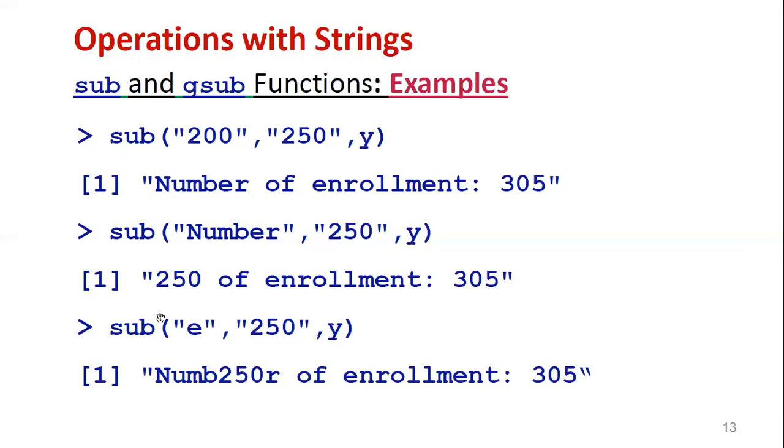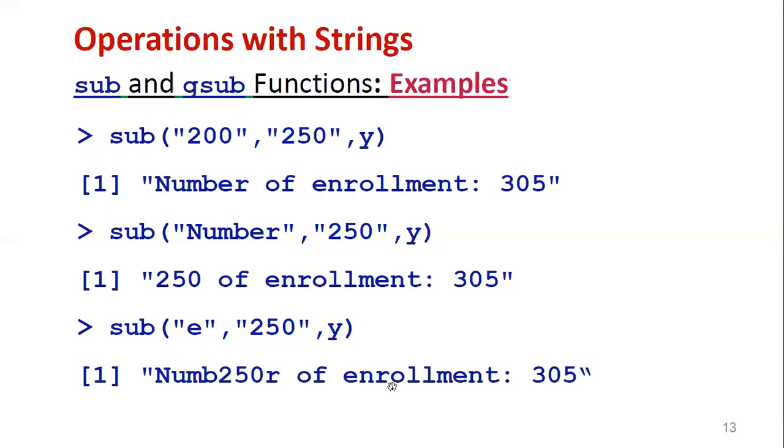Then another example, now we use the value e. So e is replaced with 250. See, it takes only the first e from the string. How many e's are there actually? In number, one e is there. Then in enrollment, 2 e's are there. But it replaces only the first e.